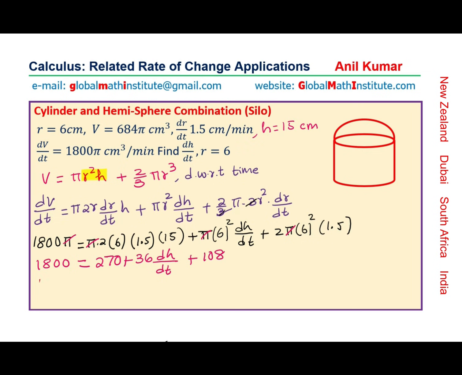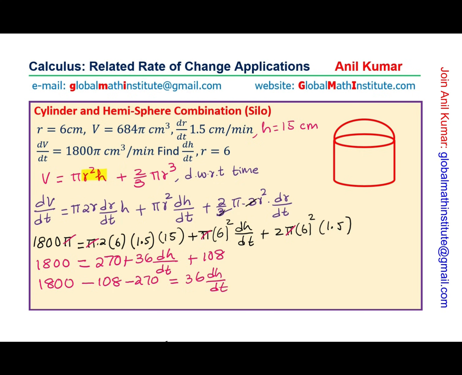So from here we can, from 1800, subtract 108 and 270. That will give us 36 dh/dt, correct? So this is 1800, take away 108 and take away 270. That gives us 1422, which is 36 dh/dt.